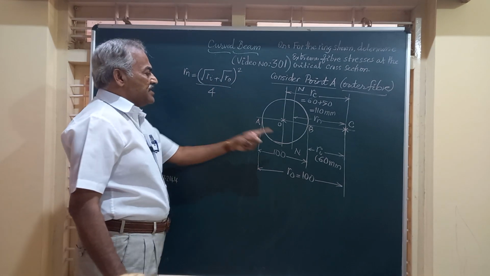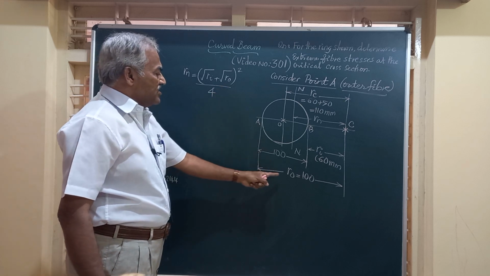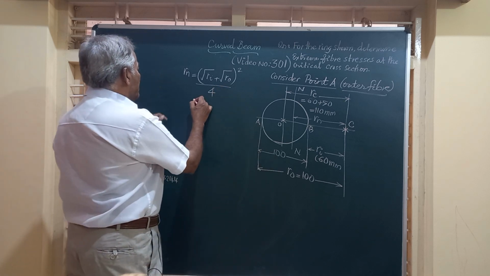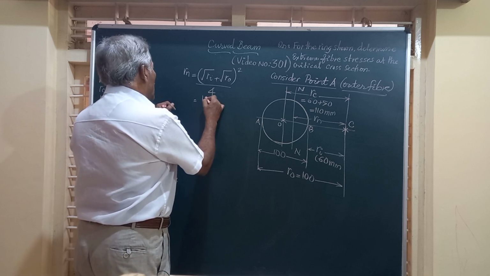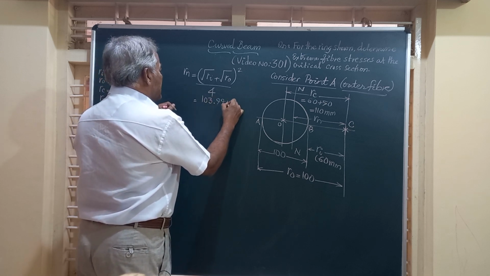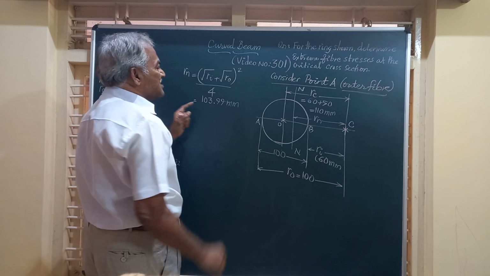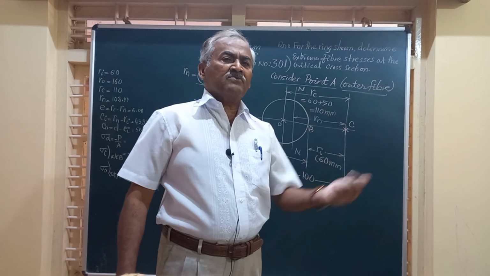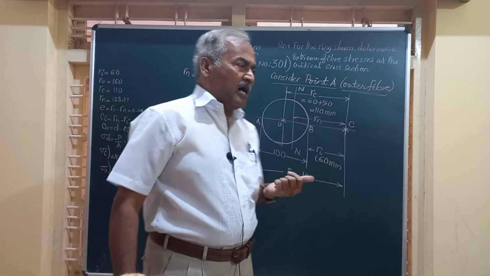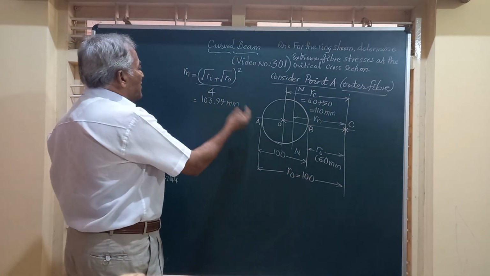Friends, we know Ri is 60, R0 is 160. If you simplify this, friends, this Rn works out to 103.99 mm. This is a very important calculation because all other values depend on this Rn. So we have got the value of Rn.